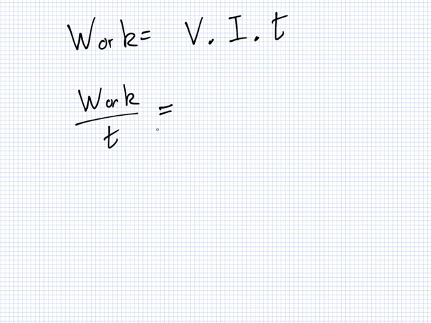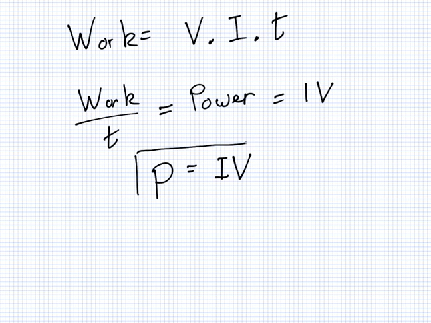Power. So power equals work divided by time. So power equals I multiplied by V. So this is our new formula. If you want the power of a current, it's the amps multiplied by the voltage. That's the power. So this is our formula for power.